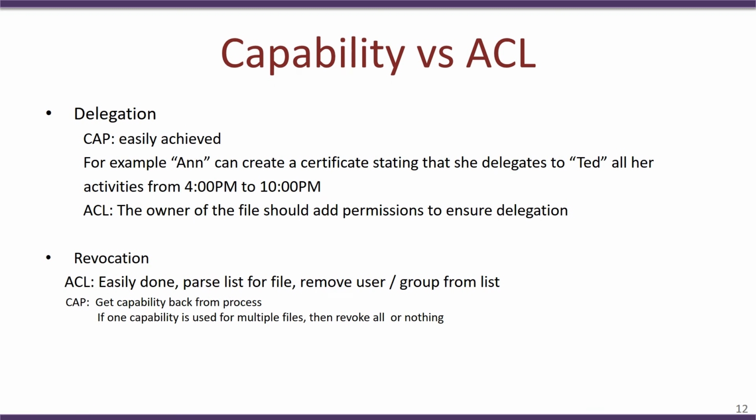However, if we want to actually do this using the capability based model, this could get a little bit tricky, especially if you have one capability that is used to service multiple files. And what we want is for that particular subject to access all the files except one. So this is very difficult to do with the capability based model.